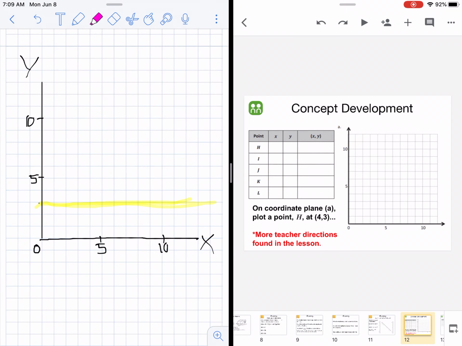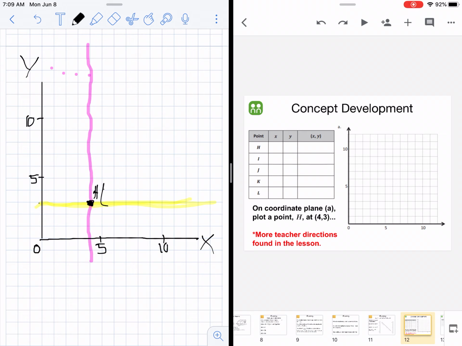So here's our y-axis, and we're going to count 1, 2, 3, 4 units from the y-axis. And where these points intersect, that's where we're going to plot our point, right there. Okay, and this is called point H.